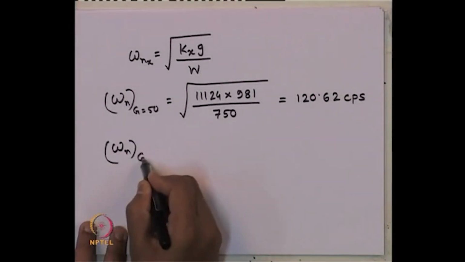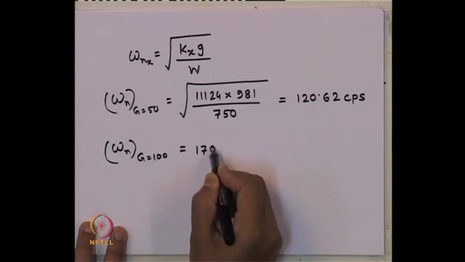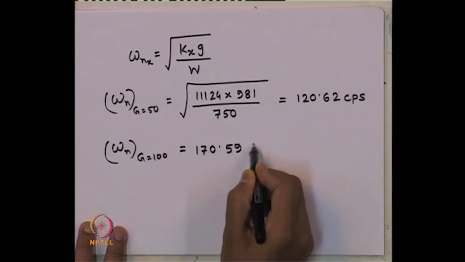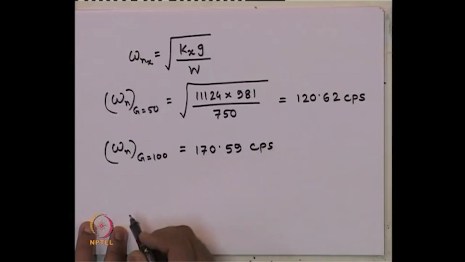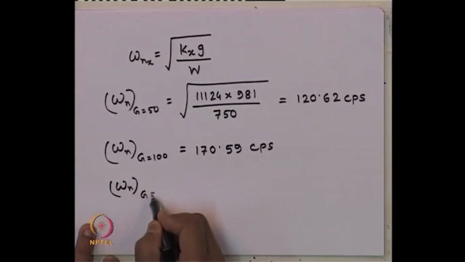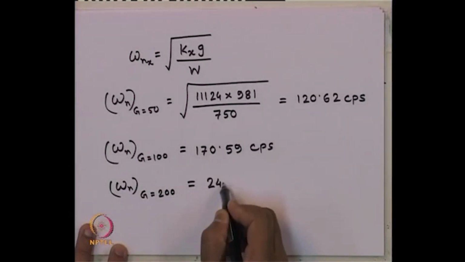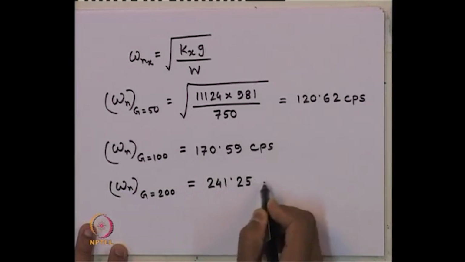Omega n for the other two types of soil is 170.59 cycles per second. Is that okay? And omega n for the third type of soil is 241.25. Okay.